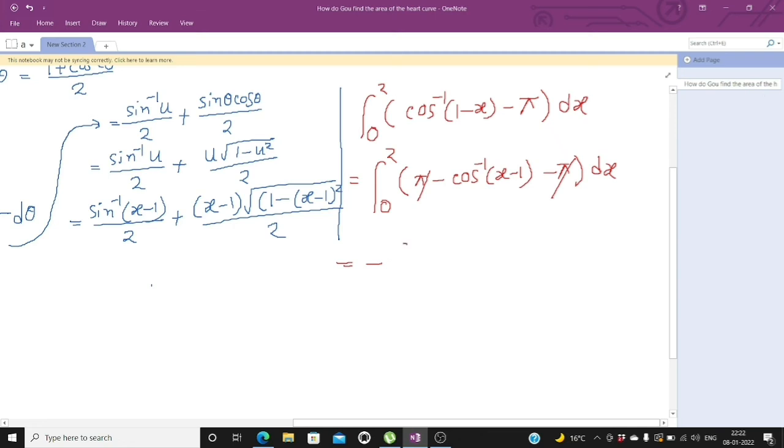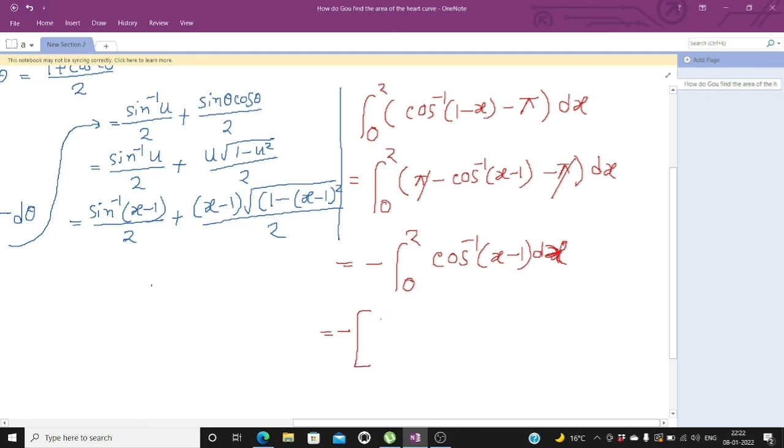So we are left with minus integral 0 to 2 of cos inverse of (x minus 1) dx. Now if you do the integration of cos inverse x, we all know that this is a standard integration and there is a standard formula to do it. The result is simply like this.